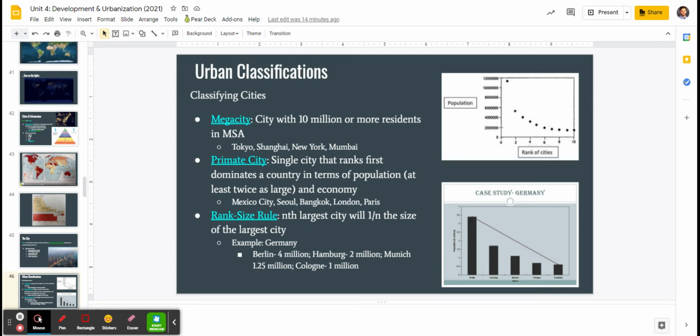So, for instance, Berlin has 4 million people. The next largest city, Hamburg, has 2 million people. And then the next largest city, Munich, at 1.25 million, is about 1/3 the size of Berlin. And then Cologne is 1/4 of the size of Berlin. It goes in this general pattern, right? It keeps getting progressively smaller, but there's no one single city that's way, way, way bigger than all the rest of them.